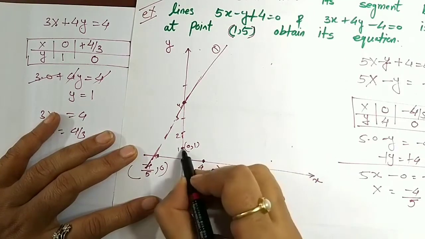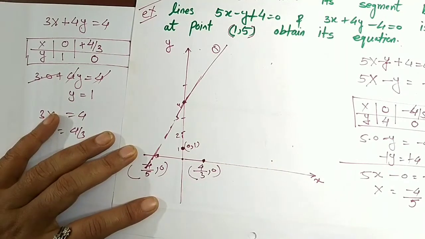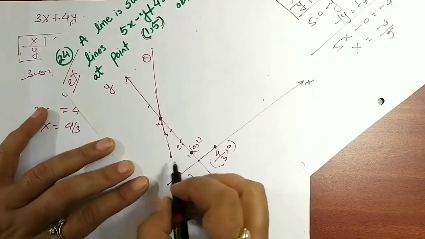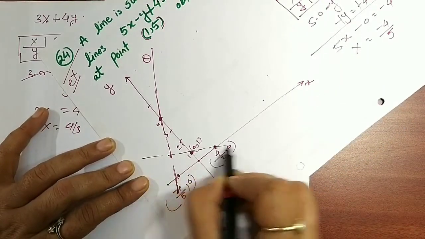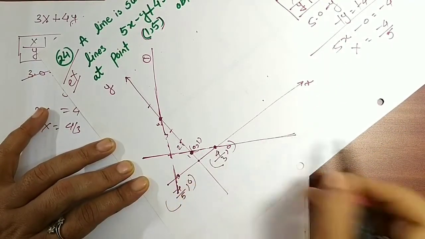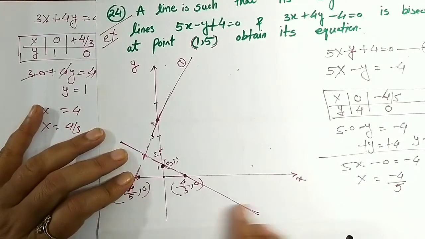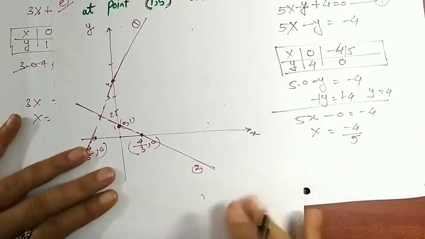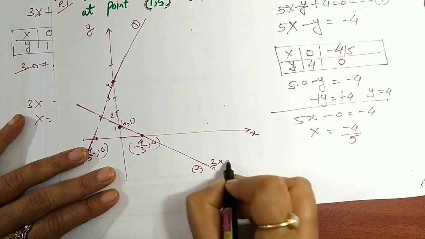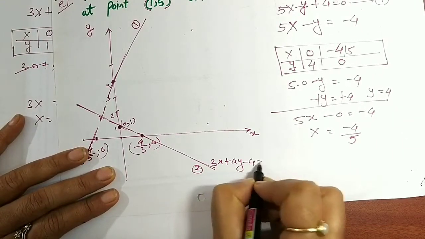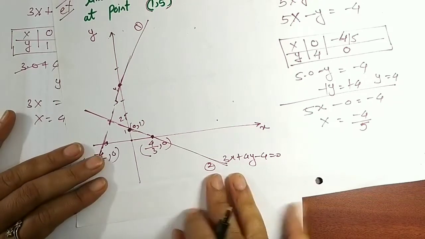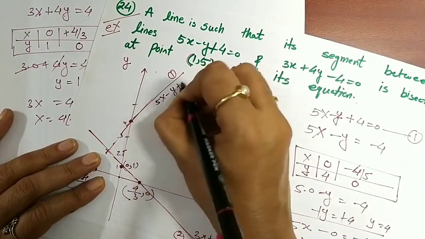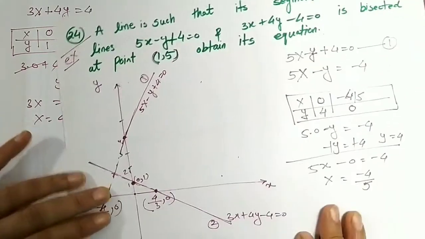So where will the line be, guys? It looks like the line will be something like this, right? Can you plot it? So these 2 lines: the second line is 3x plus 4y minus 4 is 0, and the first one is 5x minus y plus 4 is 0.